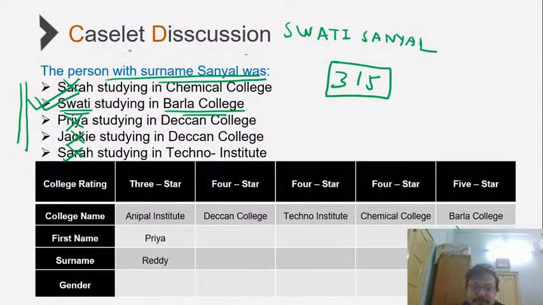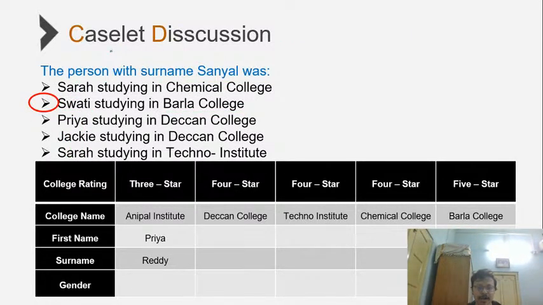Remember, this is a previous year's question, which means all the options have been set by the authorities. None of the questions or options have been changed. So the answer is indeed option B, that is, the person with surname Sanyal was Swati, and Swati studying in Barla College.